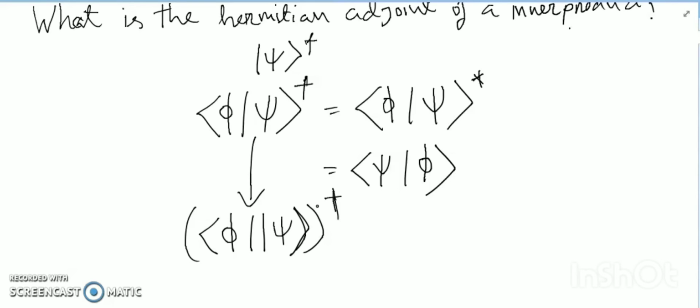We switch the position, then take the individual Hermitian adjoints.